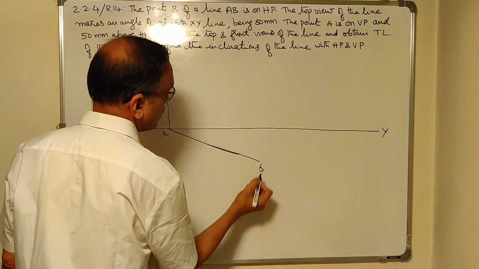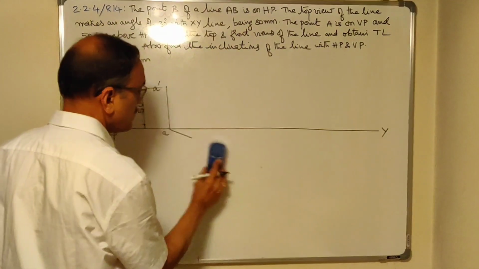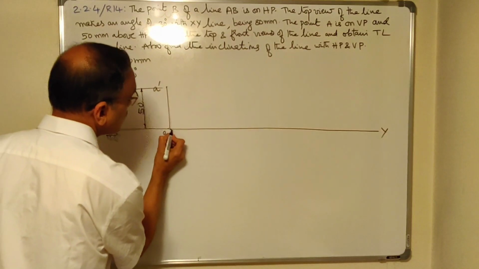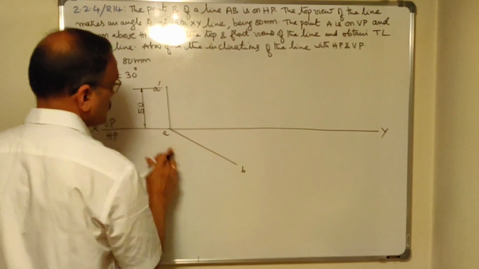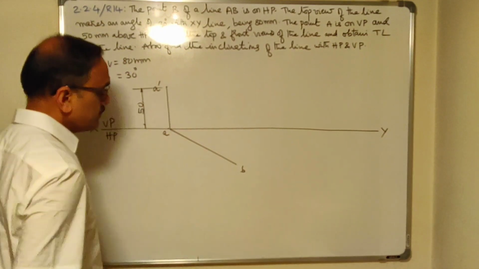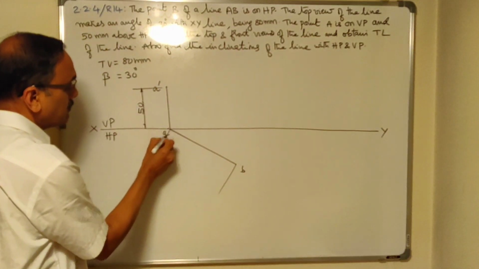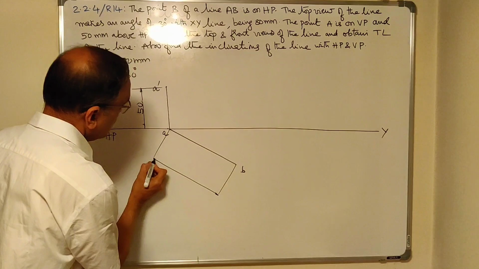This is B. I think I will just increase the angle a little bit. Okay. So this is top view. So I call this point as B. Let me dimension it. This is 80 mm.